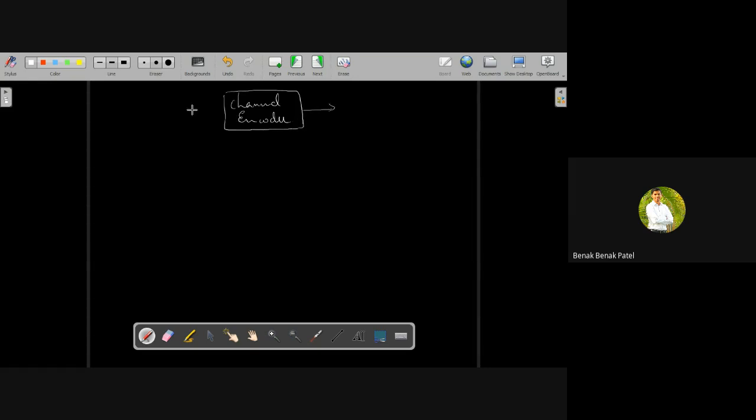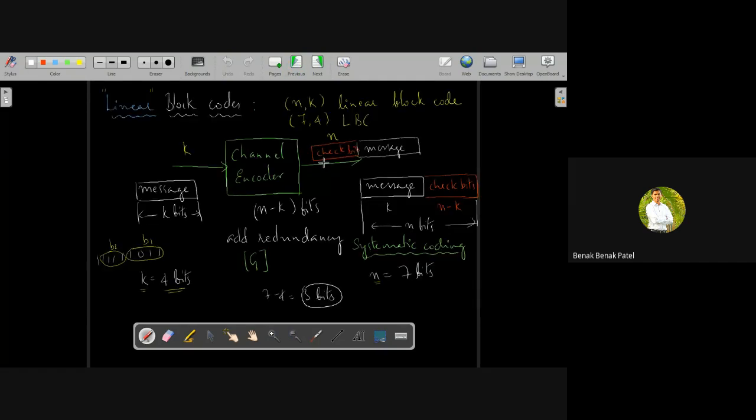Input to this channel encoder is k bits and output is n bits. If I consider this block, am I doing any changes to these k bits? No, it is the same as whatever I had at my input. So I'm trying to maintain the same k bits as they are, but along with these k bits, I'm adding n minus k check bits.